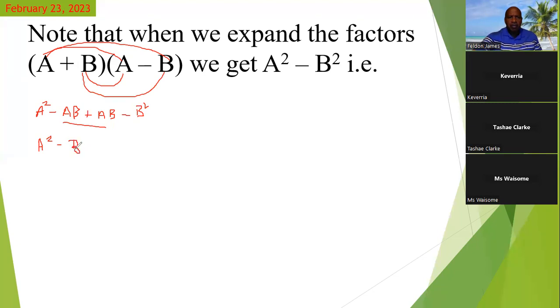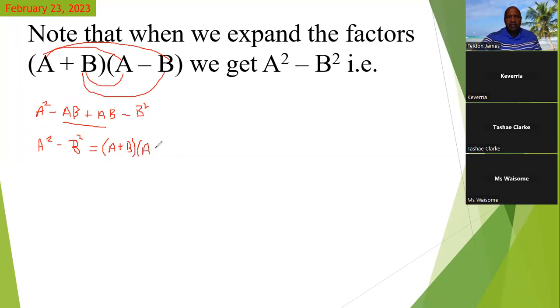Now, because this is the expanded form of these two factors, then clearly we could write that a squared minus b squared is equal to the product of these two factors, (a plus b) times (a minus b).